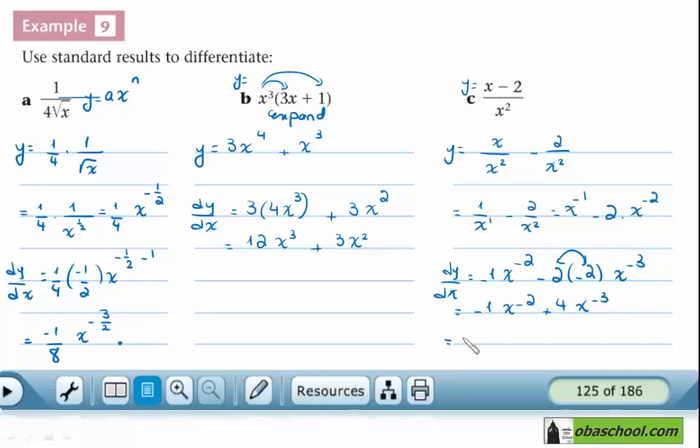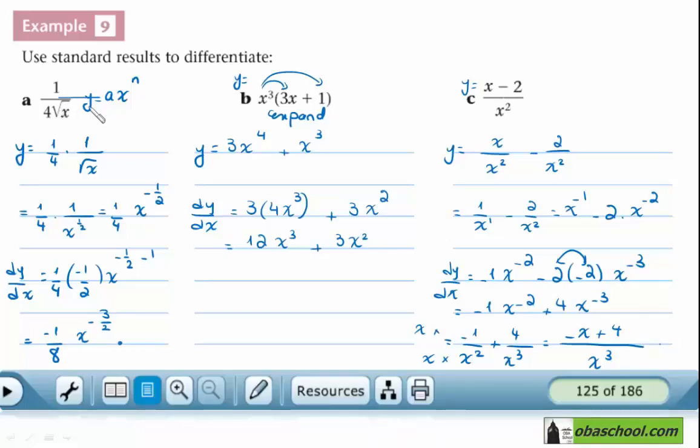Now we can fix this expression so it becomes a fraction: minus 1 over x squared plus 4 over x cubed. We can write it in the form of part C, so it becomes over x cubed, and then we multiply the first term by x, both the numerator and the denominator, so it becomes minus x plus 4 divided by x cubed. x cubed is the common denominator.